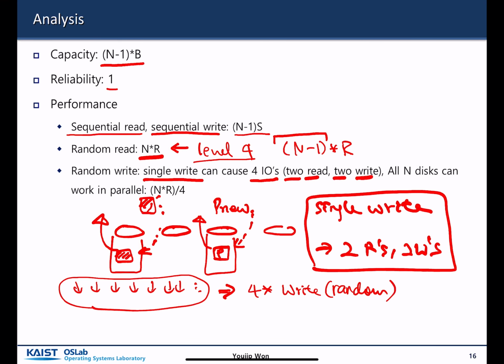If you sum them up, the total amount of IOs created by random write operations is going to be 4 times the number of write operations. Therefore, the disks have to handle 4 times as many IOs as the number of writes in the system. So for random write operation, the performance is going to be n times R divided by 4.